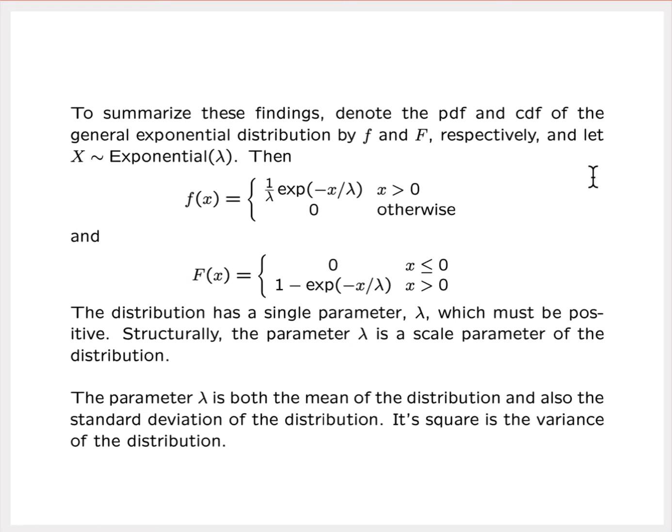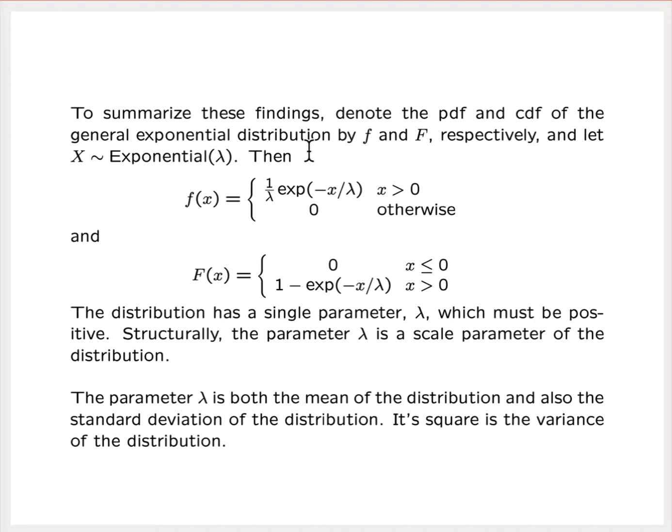So let's put all these results together. To summarize these findings, denote the PDF and the CDF of the general exponential distribution by lowercase f and uppercase F, respectively. And we'll let x have an exponential distribution with the parameter lambda. So let's not get confused here.